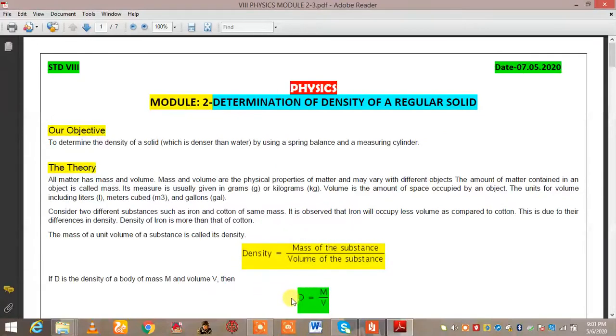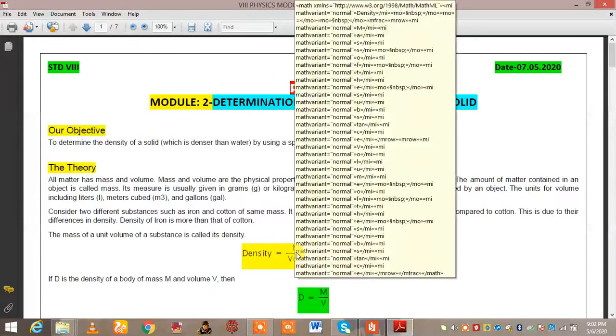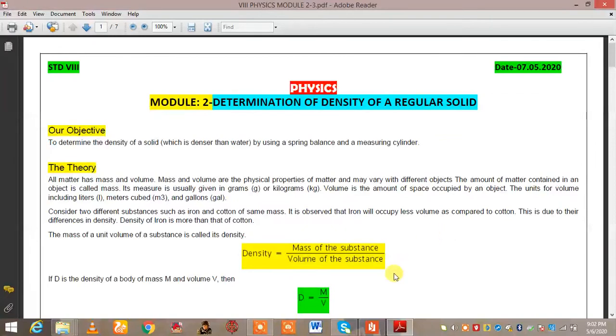We express it with D and we write D is equal to m by V, where m is the mass of the substance and V is the volume of the substance. Now, next thing is, what are the vessels for measuring volume? Whatever liquids we use, what are the vessels which we use for measuring the volume?